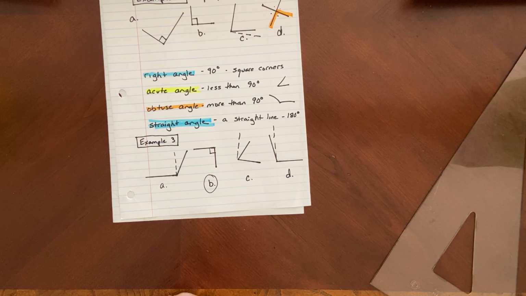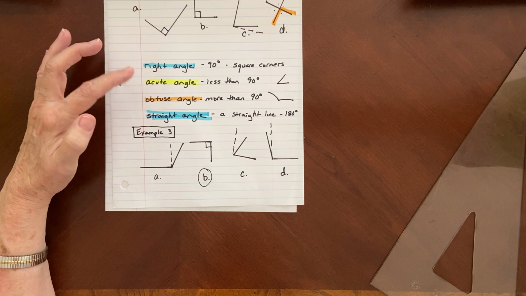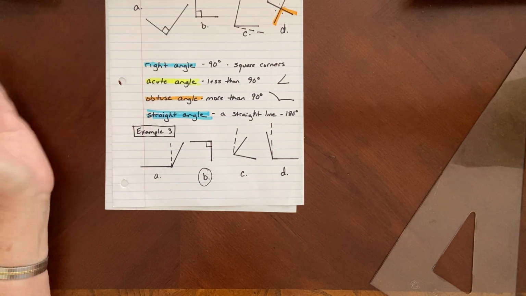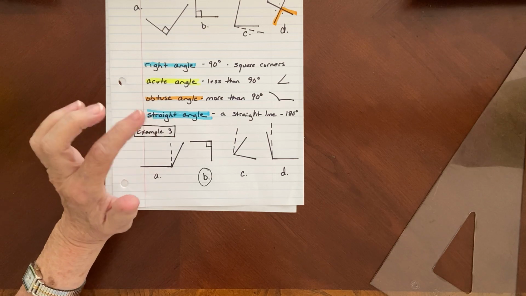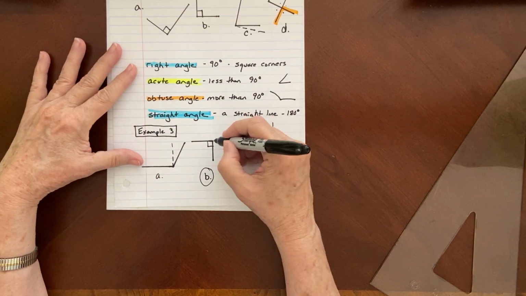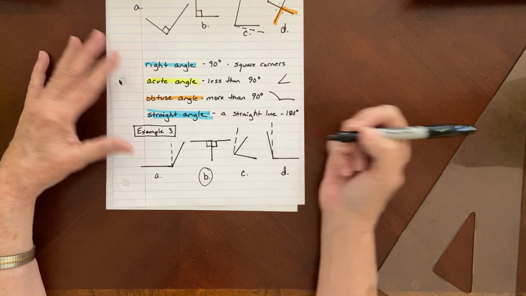When you're thinking about all the acute and obtuse, think more or less than 90 degrees. So you know how before we were talking about more or less than a half? This 90 degrees is half of a straight line, isn't it? So if I put two of those together, I would have a straight line.